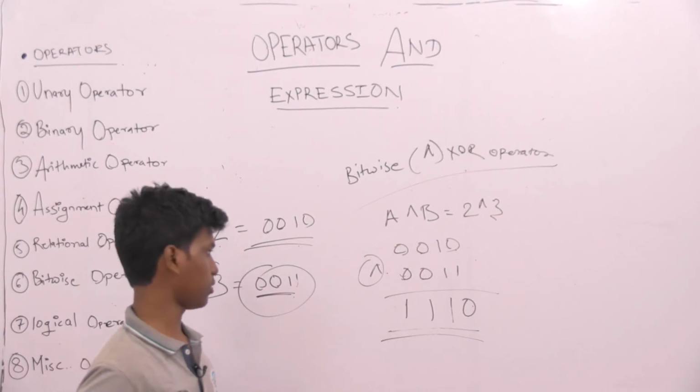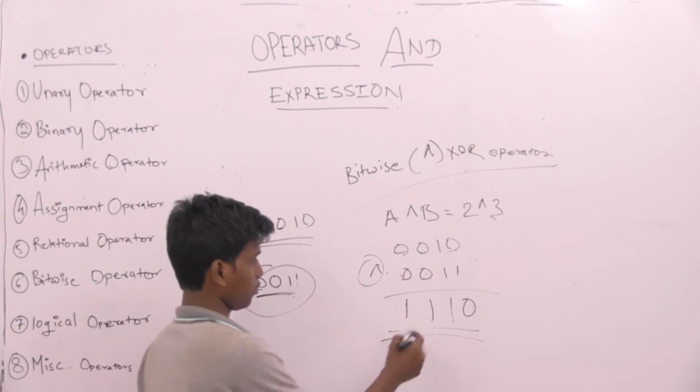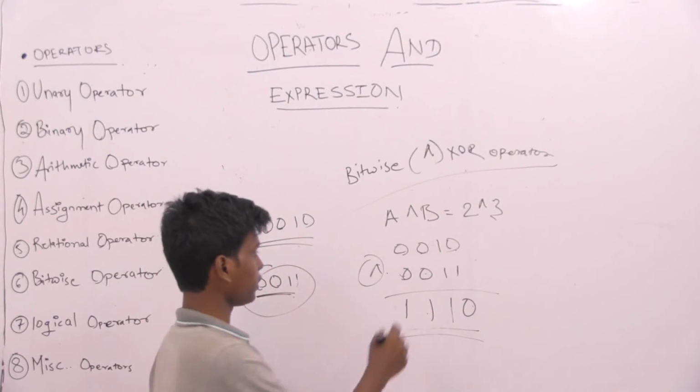Here 0 and 0 is the same, so 1 1. पहले हमने टेबल पे देखा है, वैसे 0 और 0 सेम है तो bitwise XOR ऑपरेटर में तो 1 रहेगा, और अगर डिफरेंट है तो 0 रहेगा.